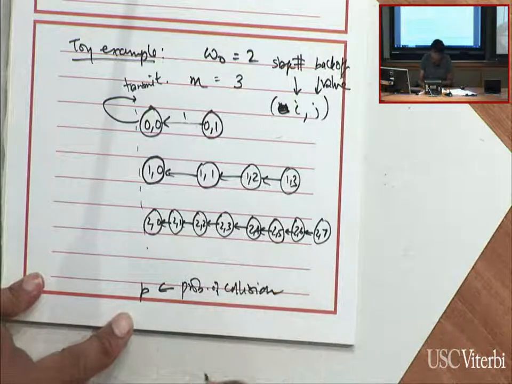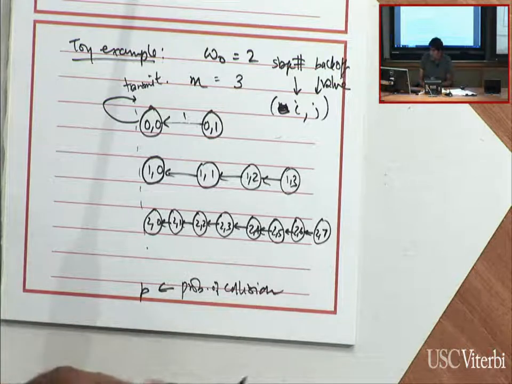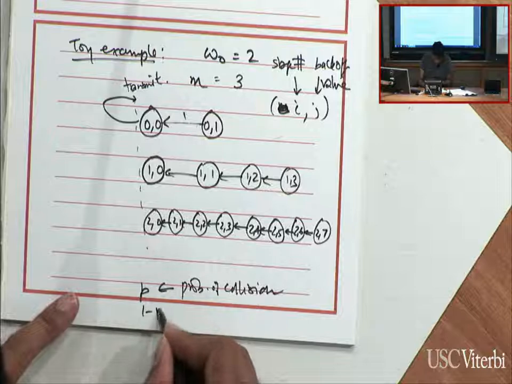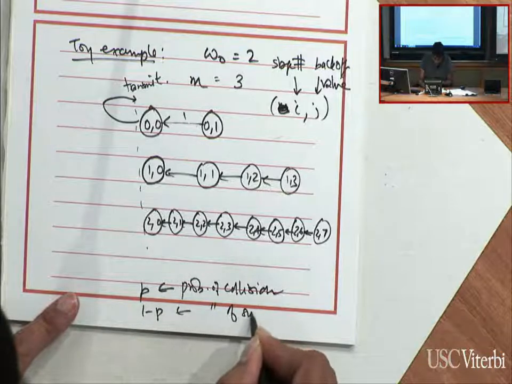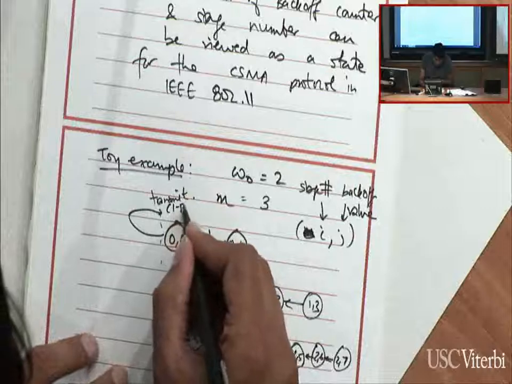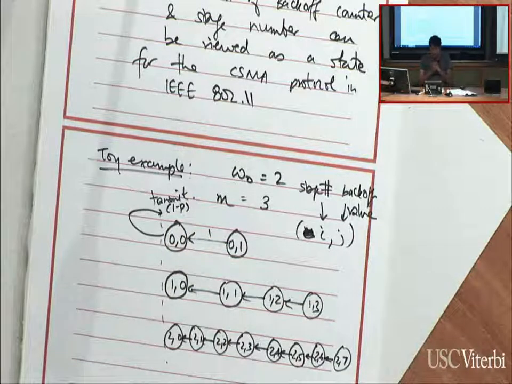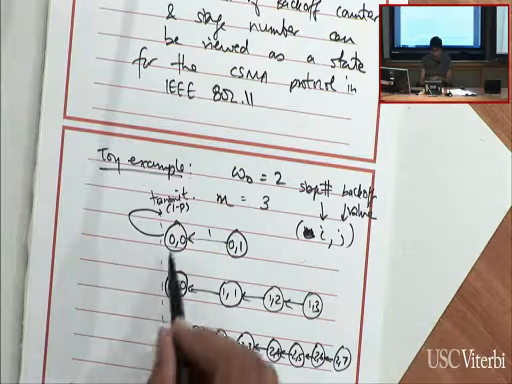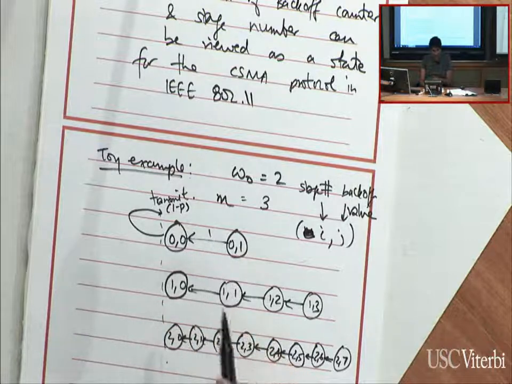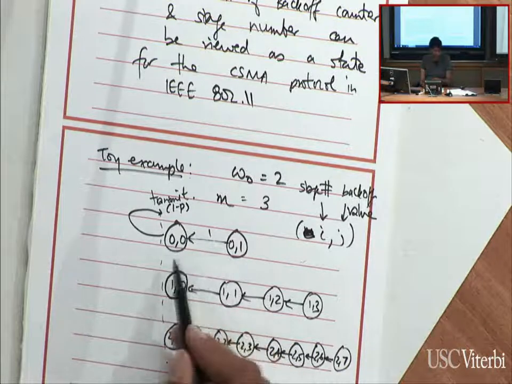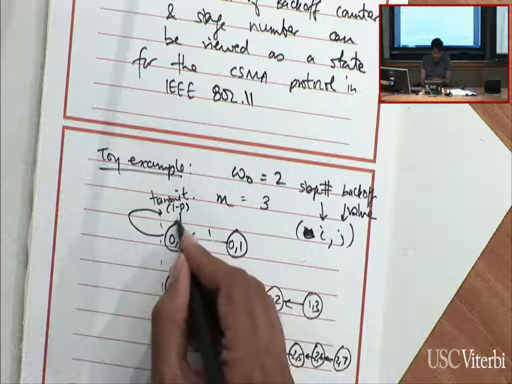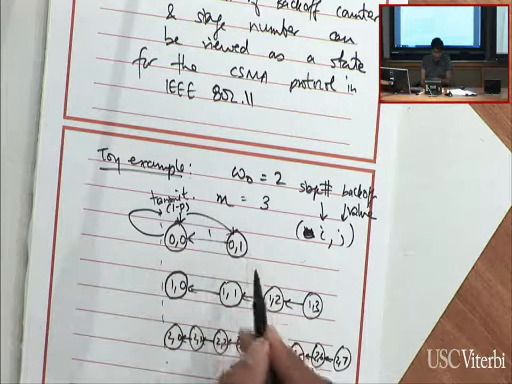In which case the probability of success is 1 minus P. So with probability 1 minus P, you're going to pick a new counter, and you're going to pick randomly between these two values. And so with some probability, you'll just pick 0. With some probability, you'll pick 1.